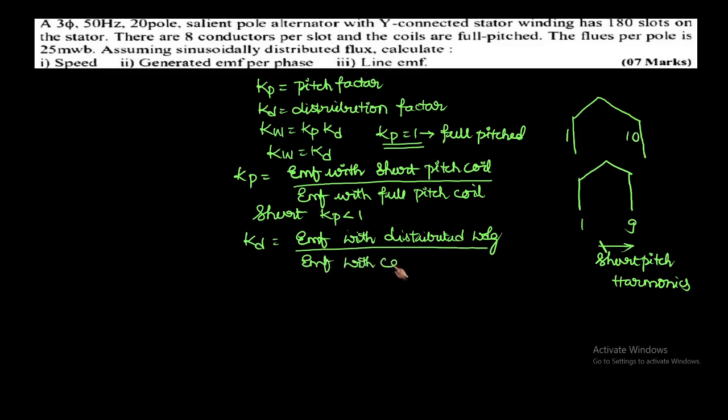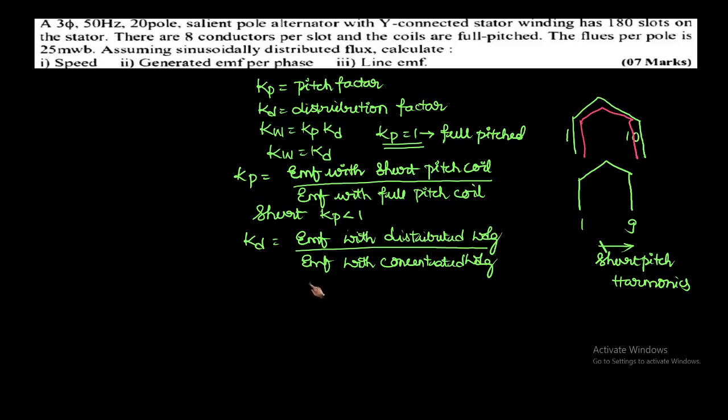Concentrated winding means you place the conductors together in one slot only, like 2 conductors in one slot. Distributed winding means only one conductor is placed in one slot.